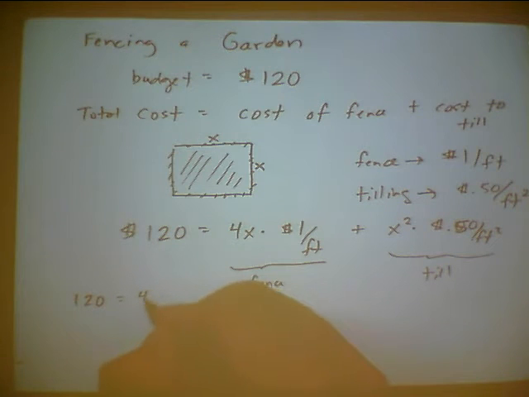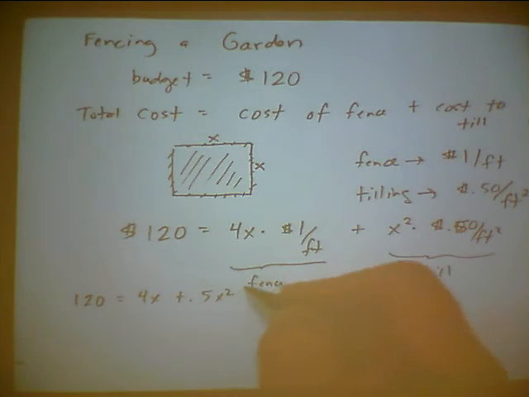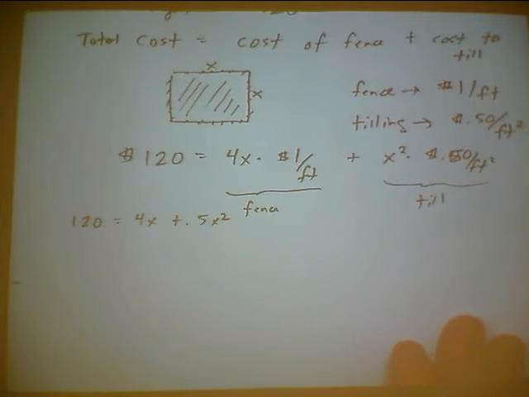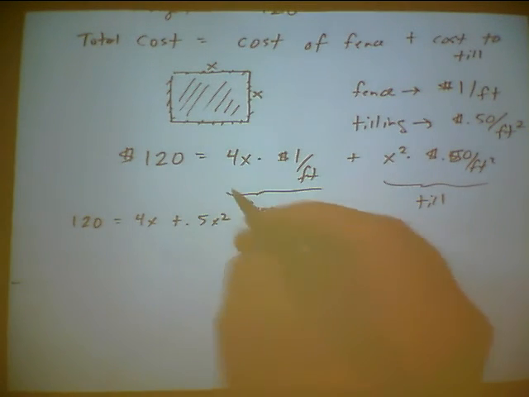120 equals 4x plus 0.5x squared. And this is going to be a quadratic equation. So now I need to try and solve this quadratic equation. Let me get everything on one side.